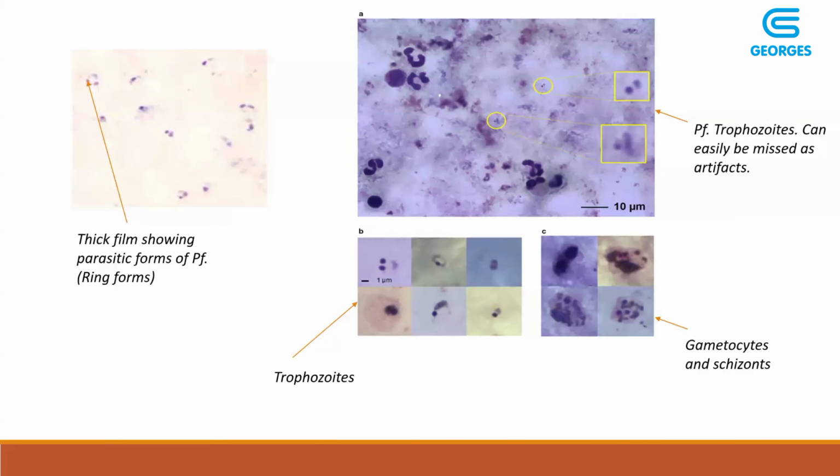On the bottom right, that is image C, we can see grape-like forms. These are schizonts. We can see a gametocyte here. So this slide basically shows what we normally see on a thick film.